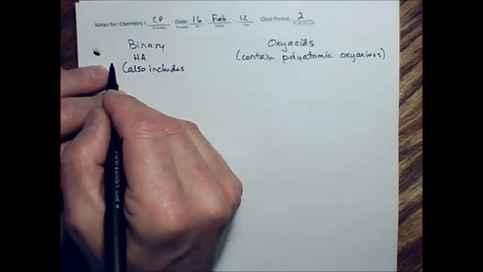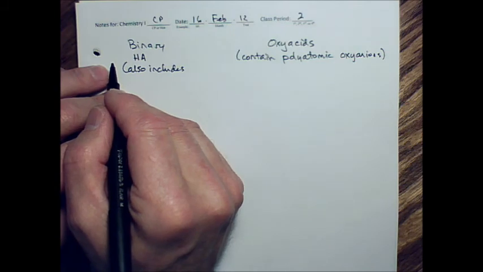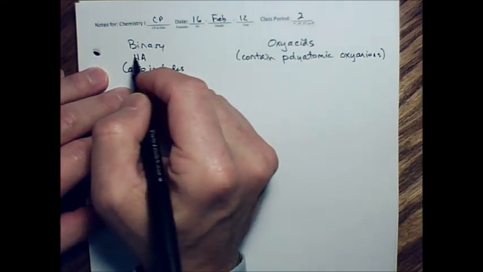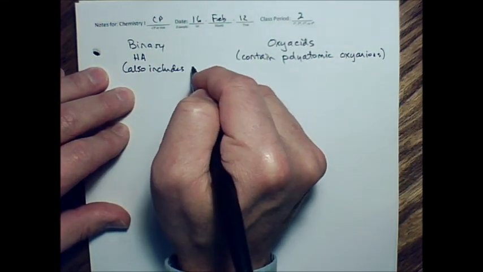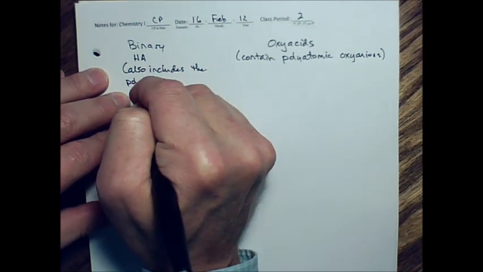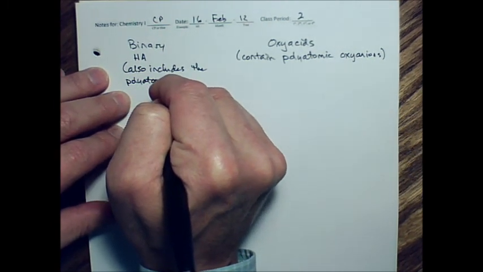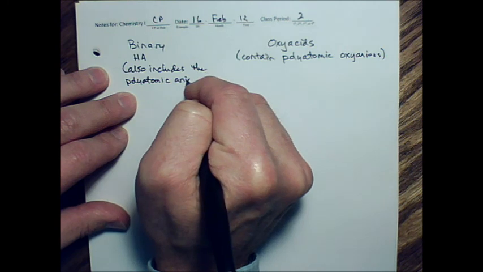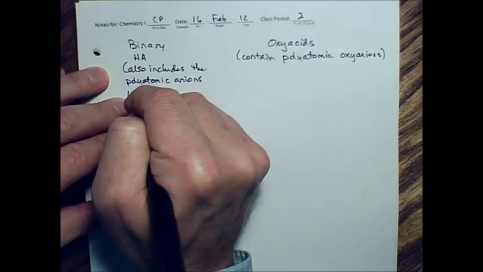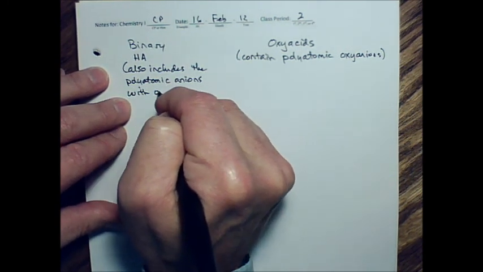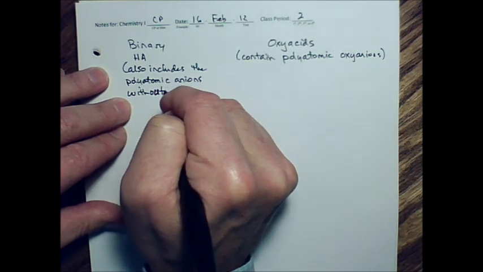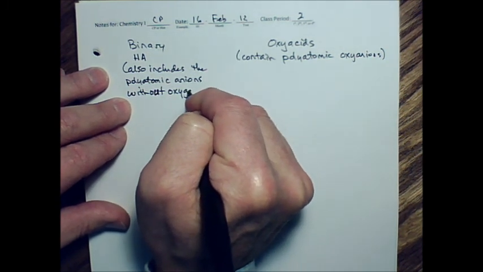That's all it means. Okay? It's kind of a general formula for all acids. So binary also includes the polyatomic ions or anions without oxygen. Okay?